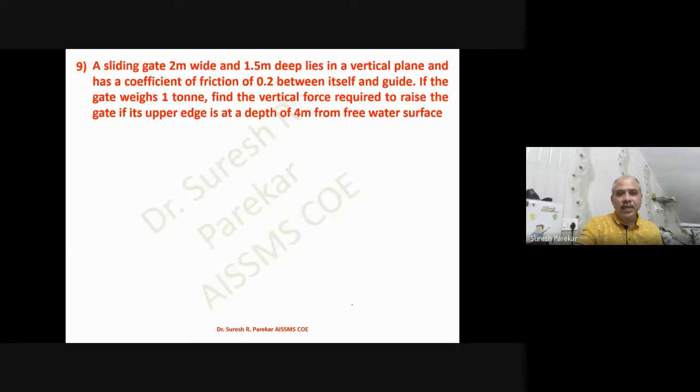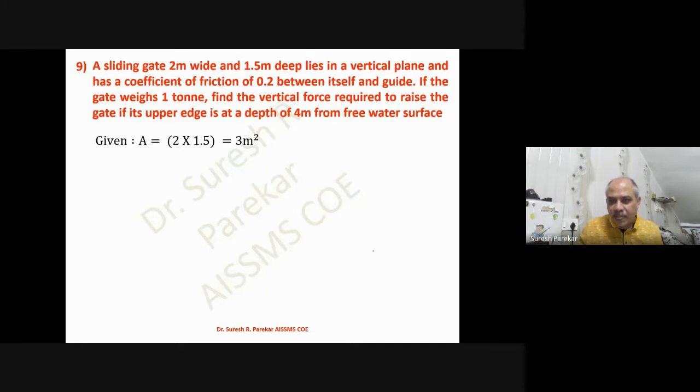Then we have a sliding gate 2 meter wide and 1.5 meter deep, which lies in a vertical plane and has a coefficient of friction of 0.2 between itself and the guide. If the gate weighs 1 ton, find the vertical force required to raise the gate if its upper edge is at a depth of 4 meter from the free water surface. So we have this gate at 4 meter.